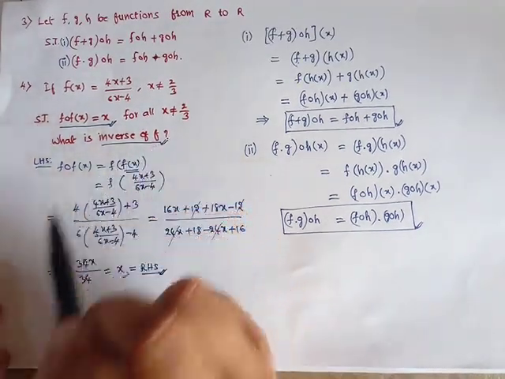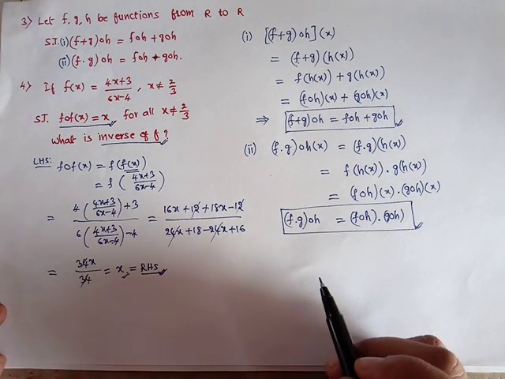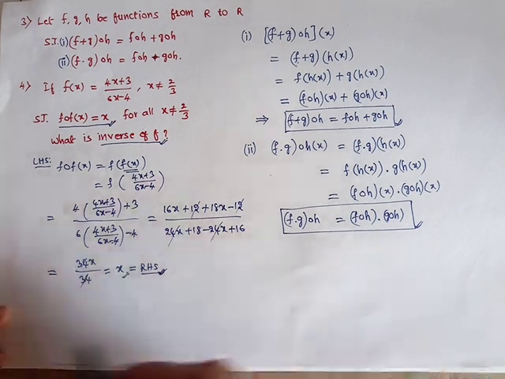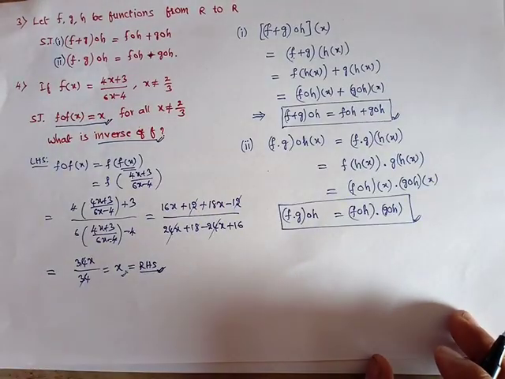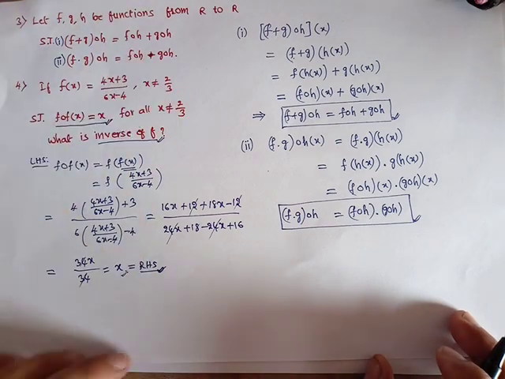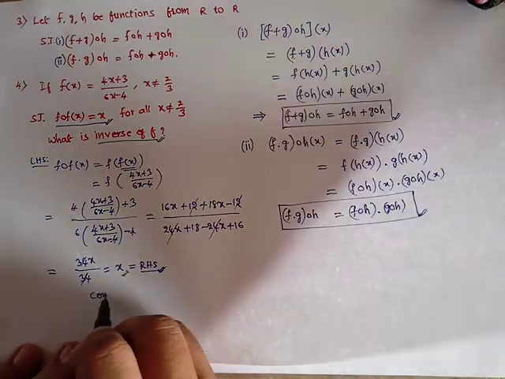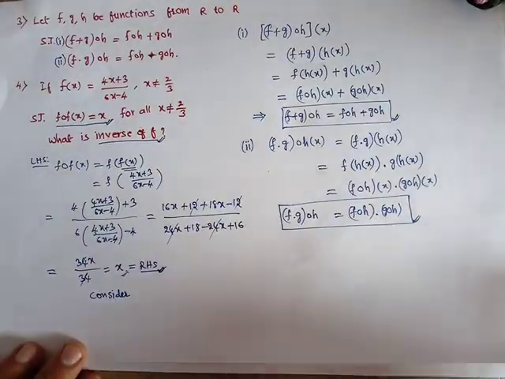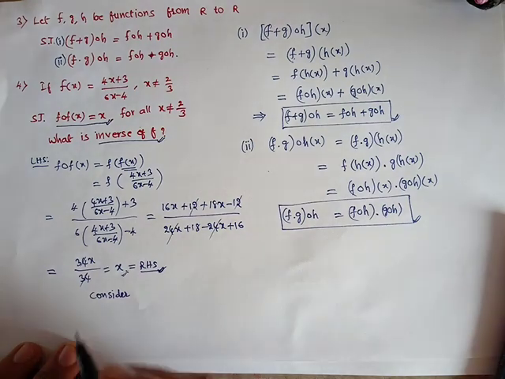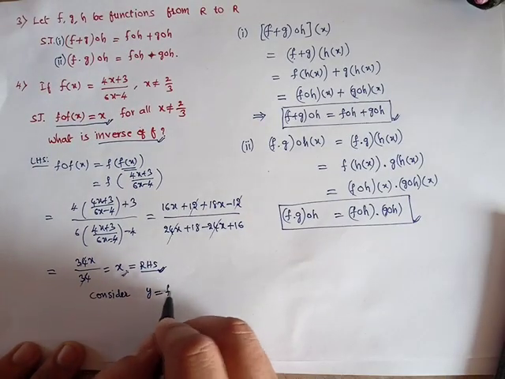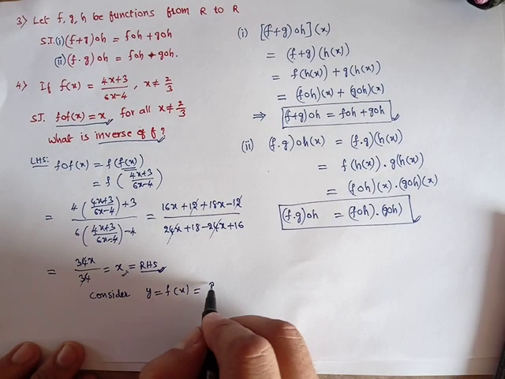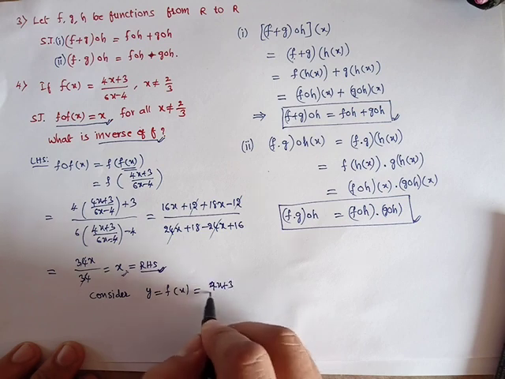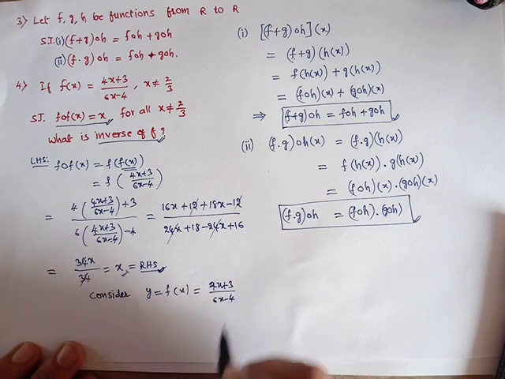And it is asking what is the inverse of f. So it is not asking to prove directly, it is asking to find out the inverse of f only. Then you consider f(x) = y, where f(x) = (4x+3)/(6x-4).